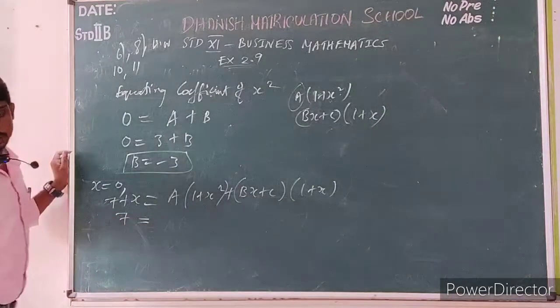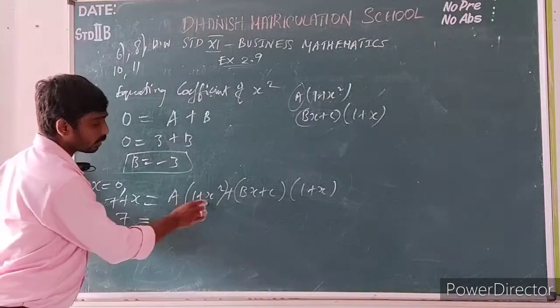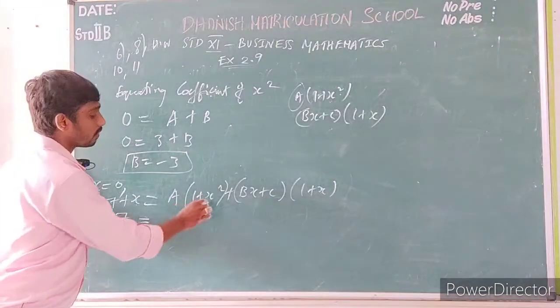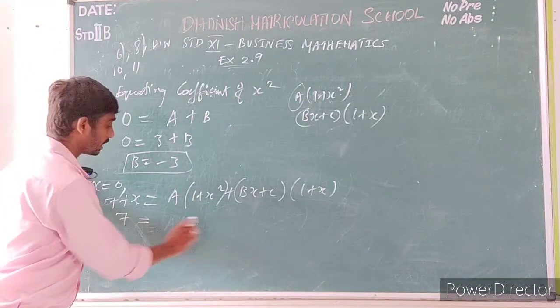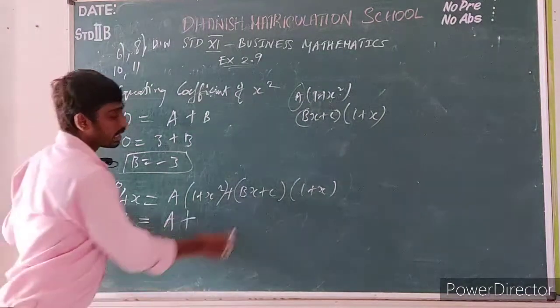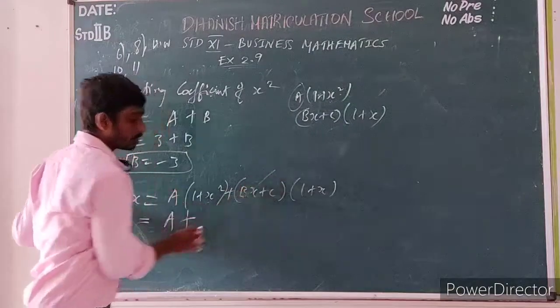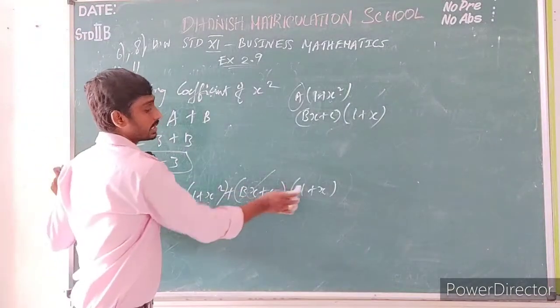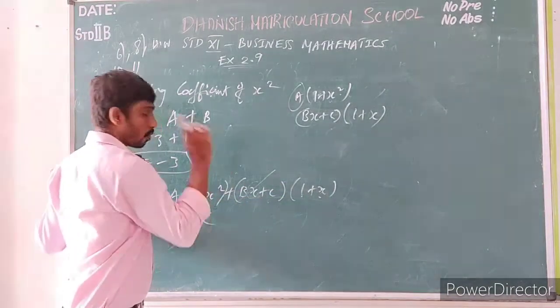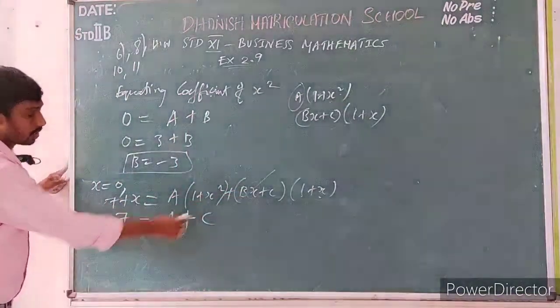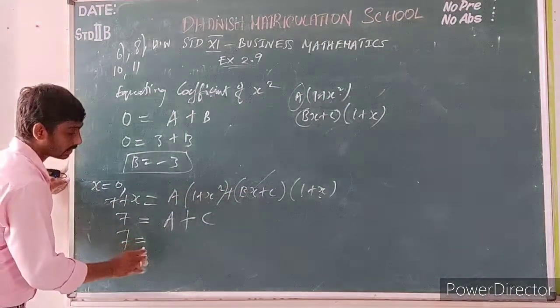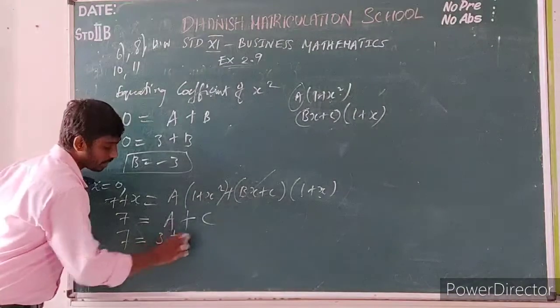On the right, a into 1 plus 0 is a. The bx term will be cancelled. C into 1 plus 0 is c. So 7 equals a, that is 3, plus c.